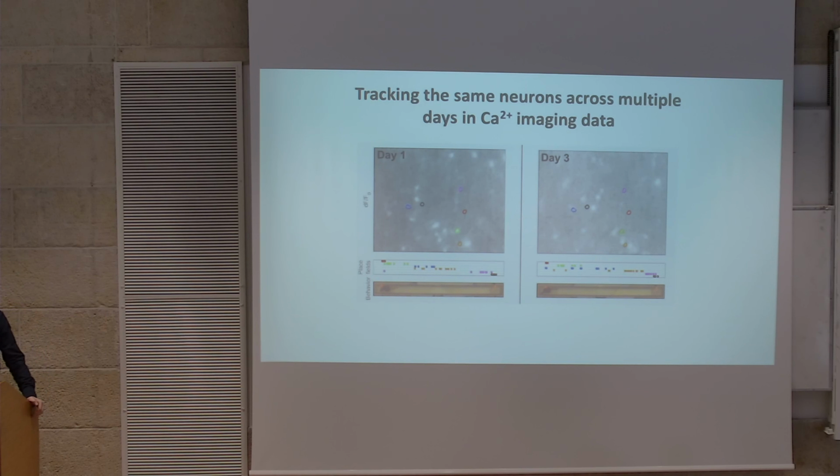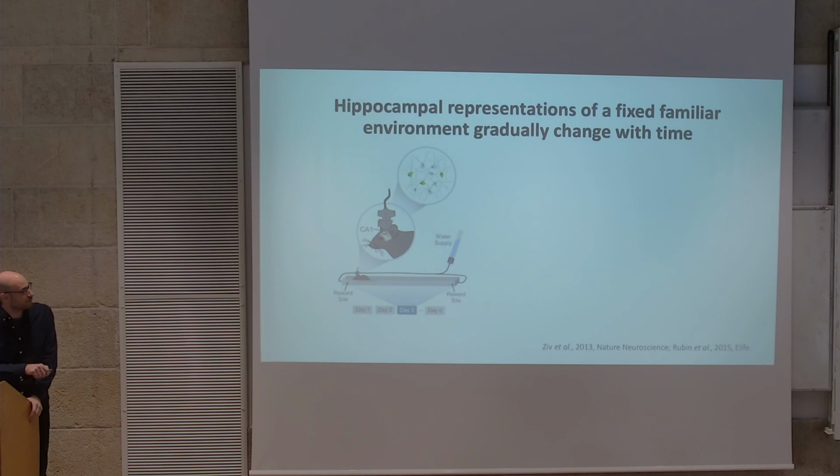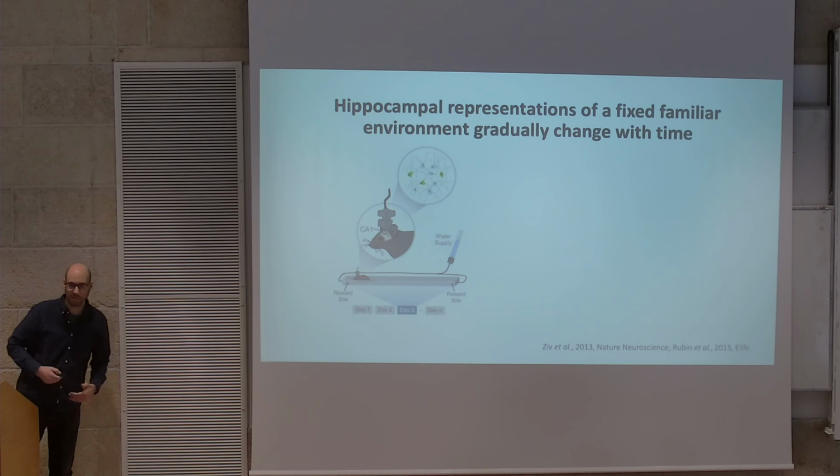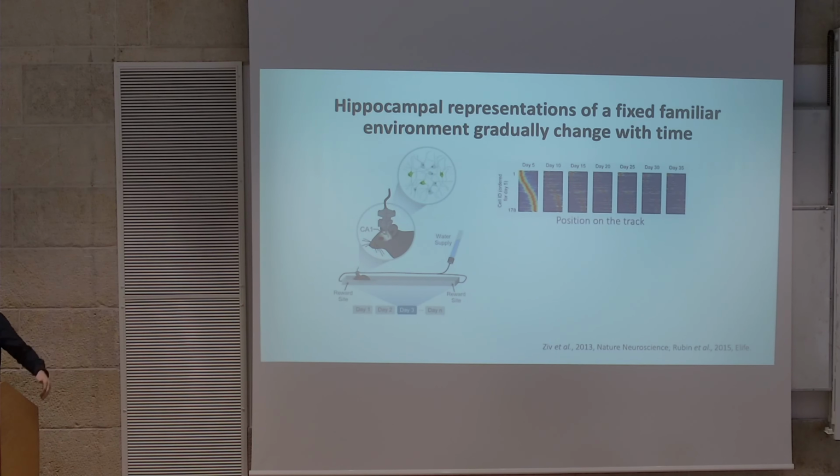Now, when we first managed to get the system up and running, the first question I was interested in was to what extent the neuronal representation of such a familiar environment is stable or dynamic over time. We did a very simple experiment, like I showed you, where mice were running back and forth along a linear track and were reintroduced to this familiar linear track every 5 days throughout a month.